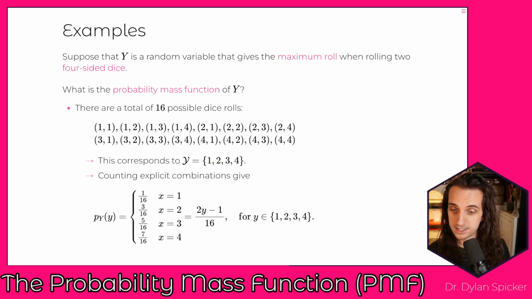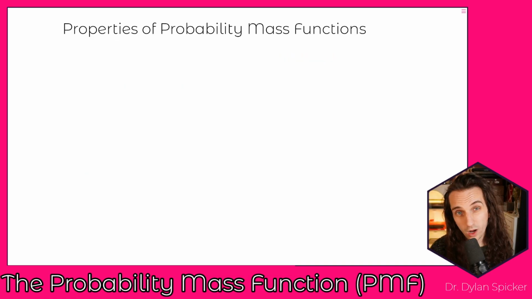And so whether you do it piecewise or in this explicit representation, that's going to give us the probability mass function. Once we have it, we simply need to plug in the value of y in order to get our probabilities.